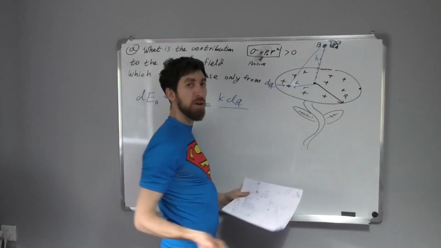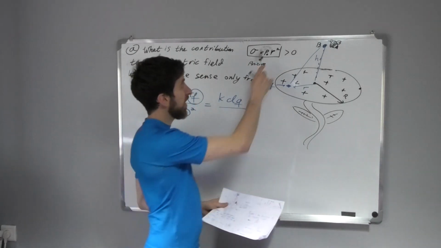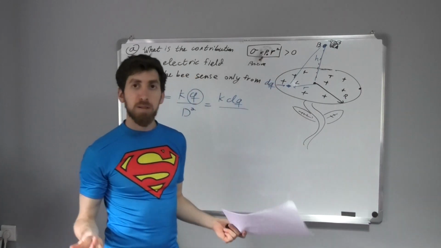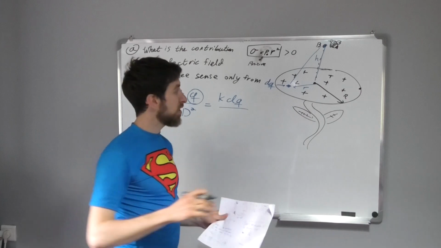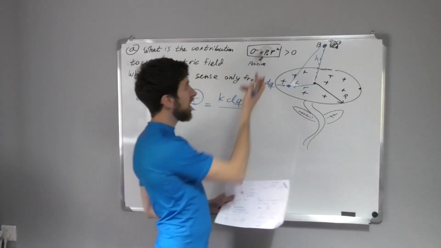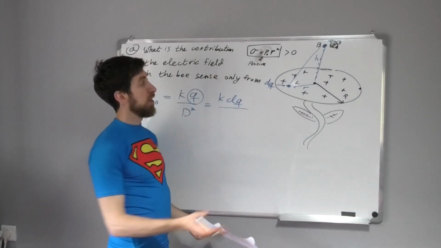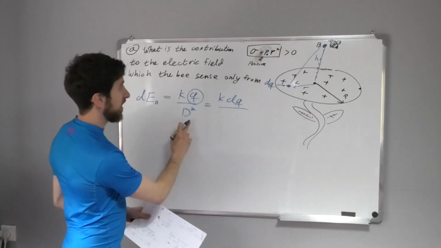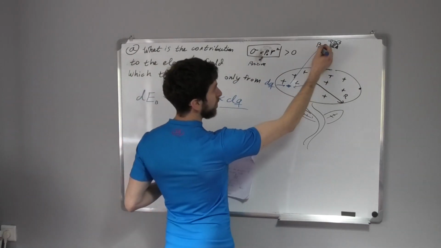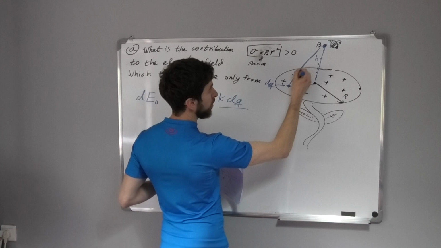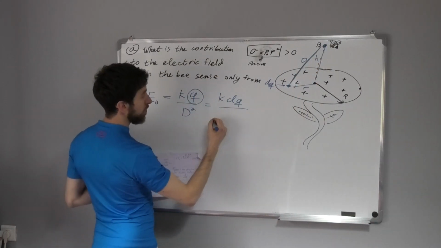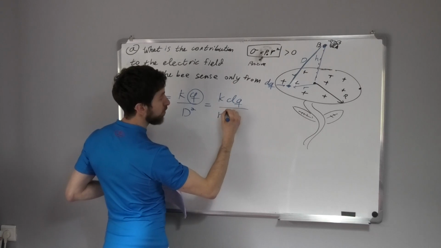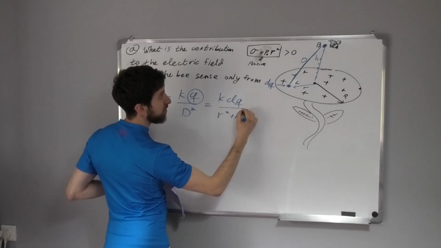If I use polar coordinates, I see here that I have radius, and this is a disc, the flower, right? It's similar to a disc. So I can already sense that I need some polar coordinates. D is actually the Pythagoras, right? This is D, the distance between Q and the location. So I know that D in general is the square root of R squared plus H squared, right?